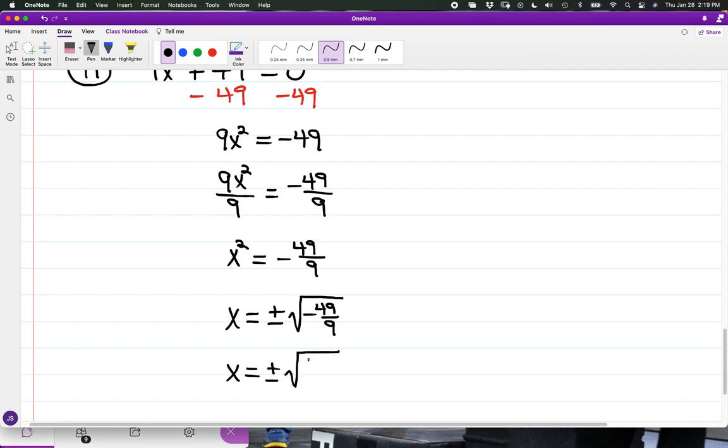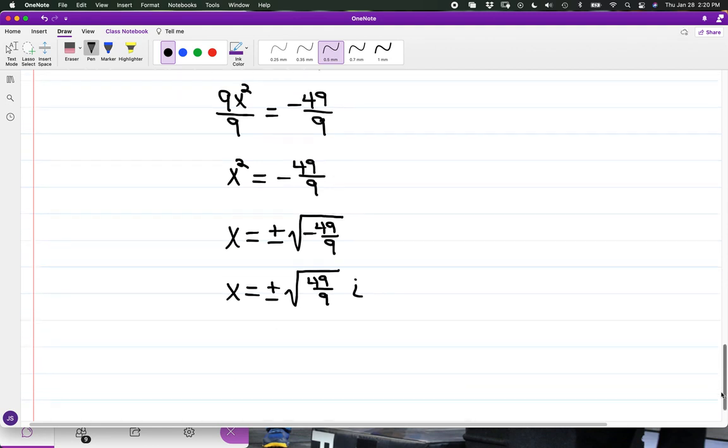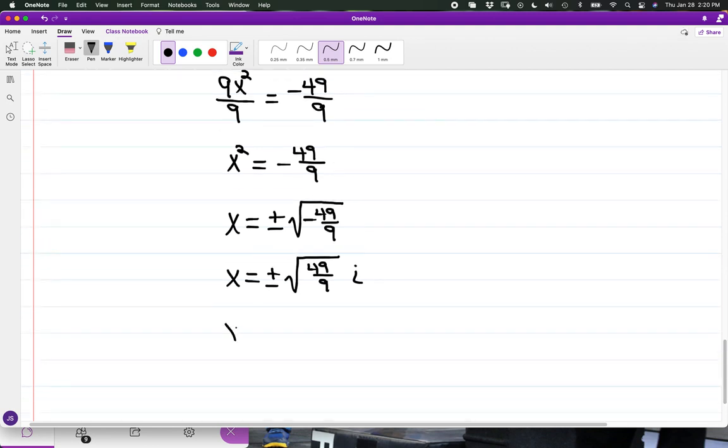So you have plus or minus the square root of 49 ninths i, and the numerator and denominator are both perfect square terms. So in this case, the square root of 49 is 7, the square root of 9 is 3, so the square root of 49 ninths is going to be 7/3.